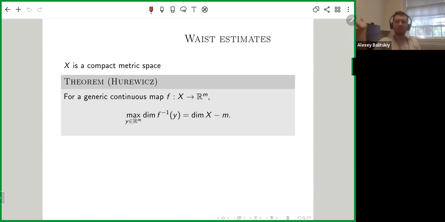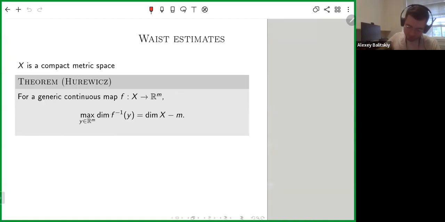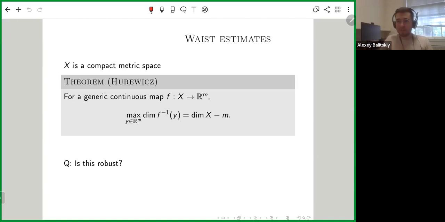This is very reasonable to expect, and this is true in the generality that I stated on this slide, without mentioning what generic is. Okay, is this robust? If I replace the dimensions in this formula by approximate dimension, is this true or not anymore?